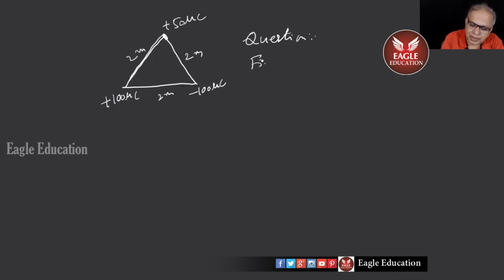Find the electric field, or I'll simply write E bar. Find E bar at the point of 50 microcoulombs. So how do you do that?